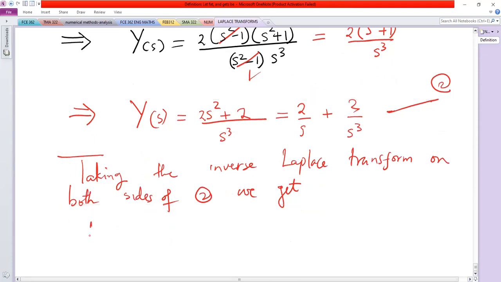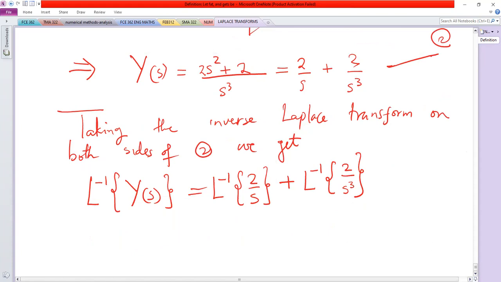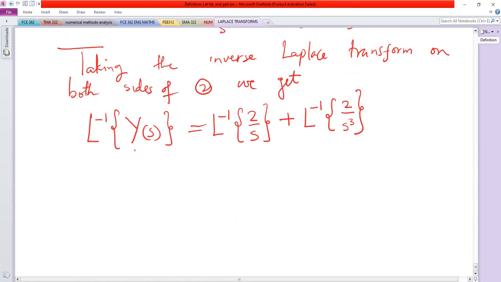the inverse Laplace transform of capital Y of s is the inverse Laplace transform of 2 over s plus the inverse Laplace transform of 2 over s cubed. Using the Laplace transform tables, you should be able to find that the inverse Laplace of capital Y will be y of t.